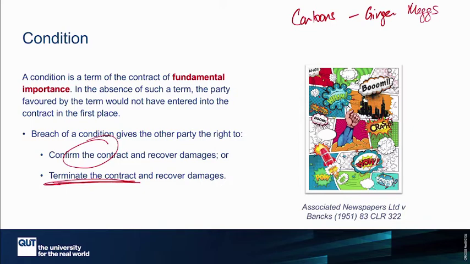Now, Associated Newspapers had said that they would put Ginger Meggs on the front page of that lift out of the cartoons. And to Banks, that was really important because that gave more readership, more exposure, and it was a deciding factor about entering the contract, is what the courts found. So when they didn't put Ginger Meggs on the front page, it was a breach of condition, and Banks could actually get out of that contract.